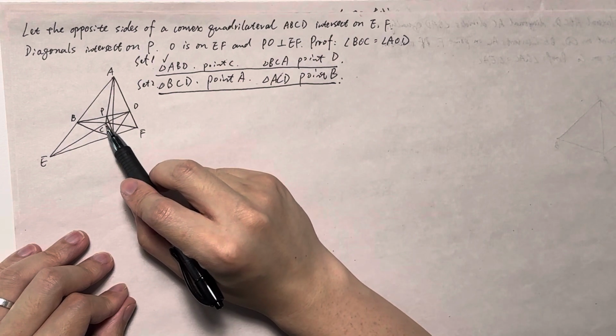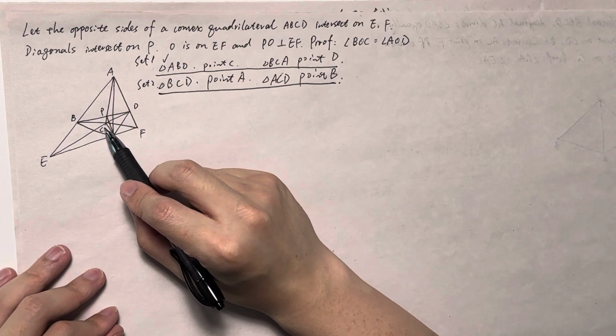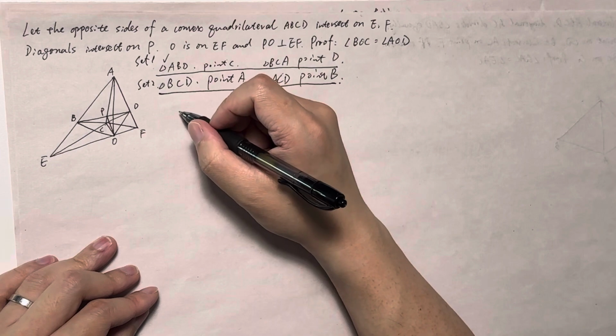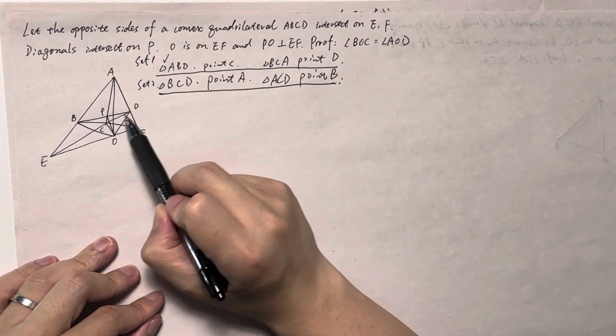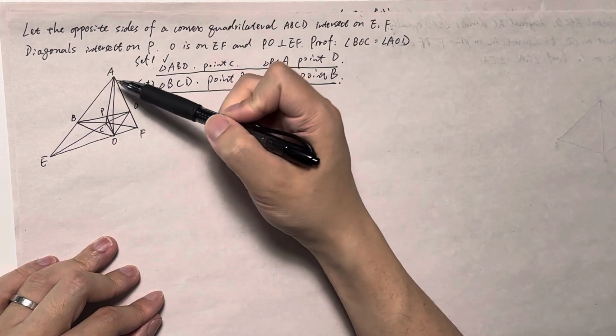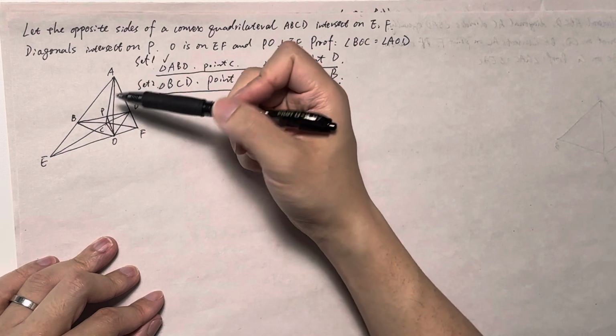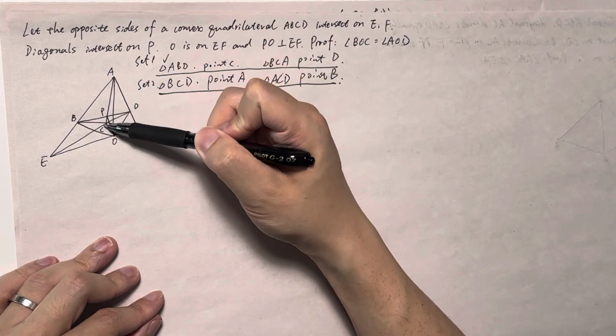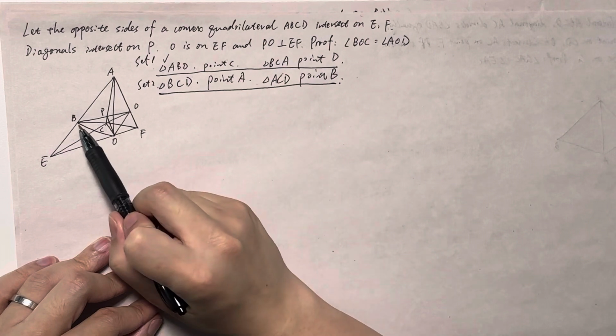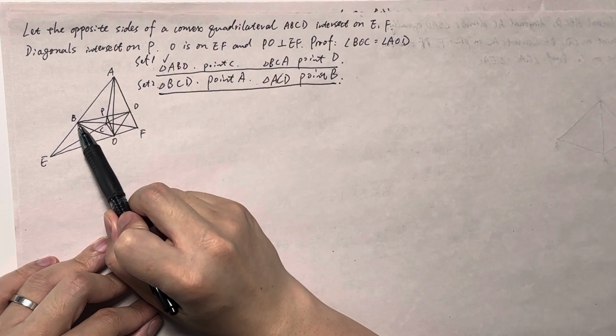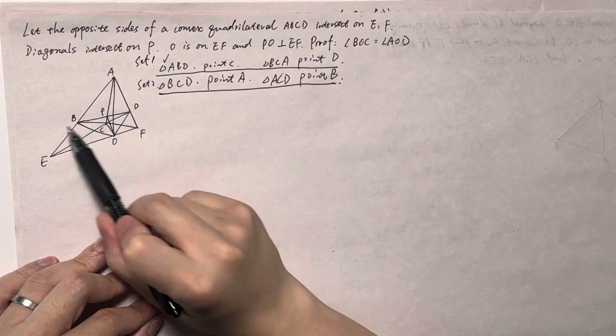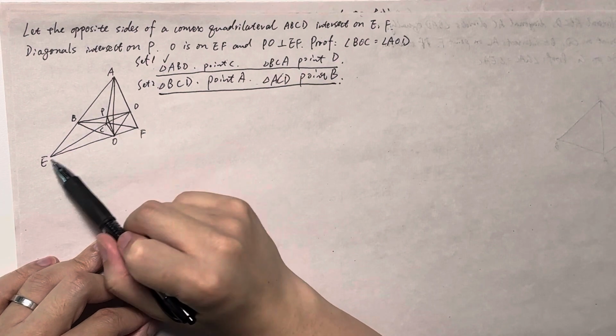And point C, we can use the Ceva theorem on this. So look at it, ABD here. The line from vertex A is AC, from B is BF, from D is DE.